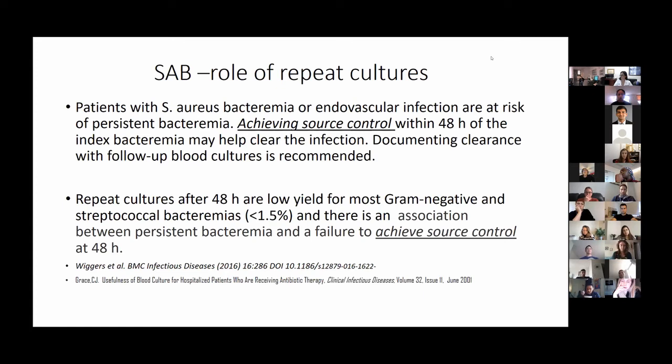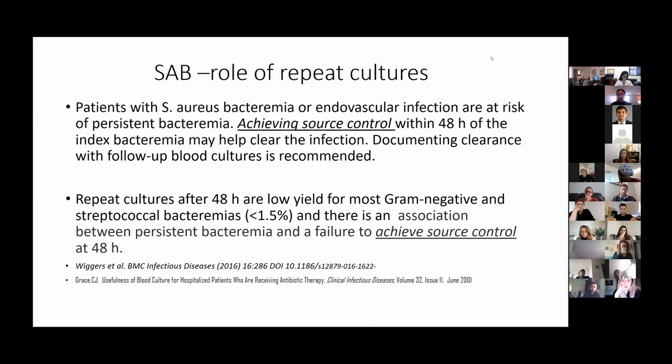So this is kind of a lead-in for our major pathogen, and the one for which repeat blood cultures is always indicated. Staph aureus has a lot of factors: its virulence, its ability to create biofilm.